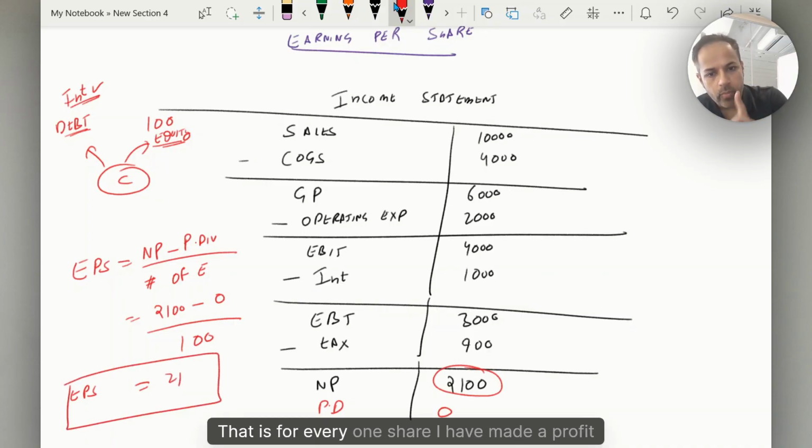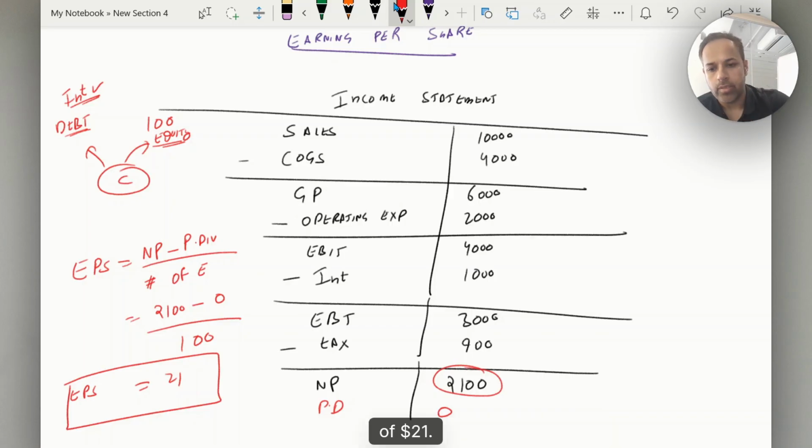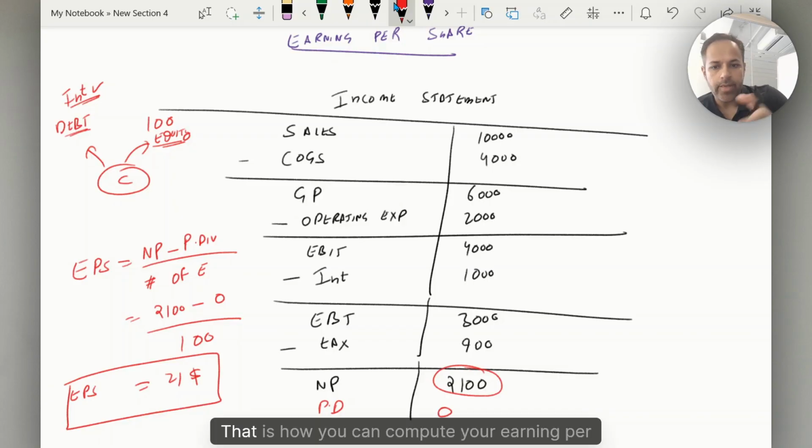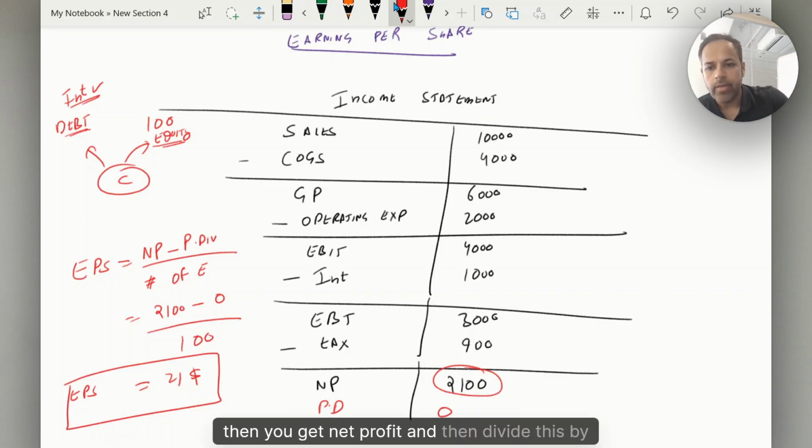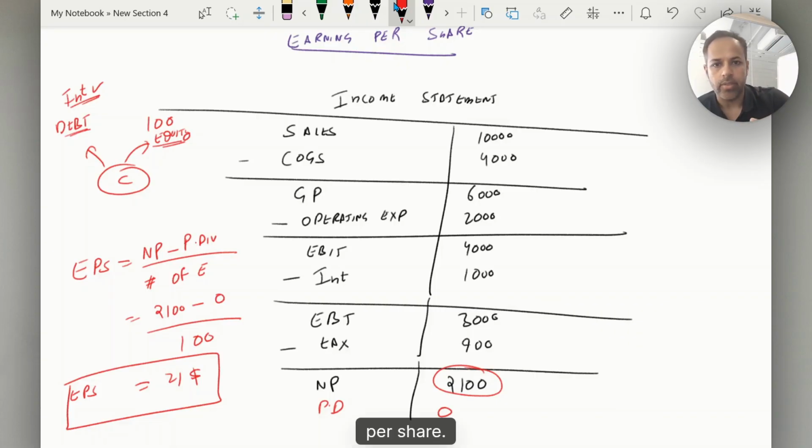That is, for every one share, I have made a profit of $21. That is basically my EPS. That is how you can compute your earning per share. You take sales, you subtract all the expenses, then you get net profit, and then divide this by the number of shares, and you get your earning per share.